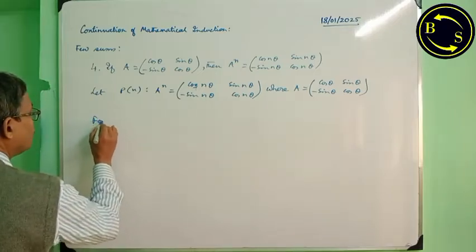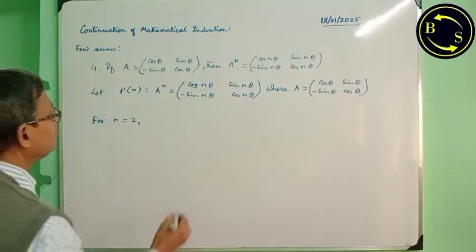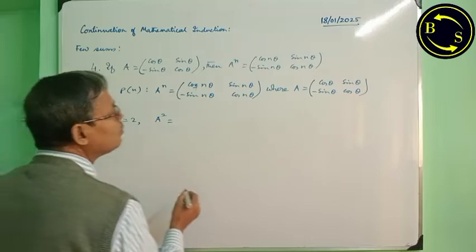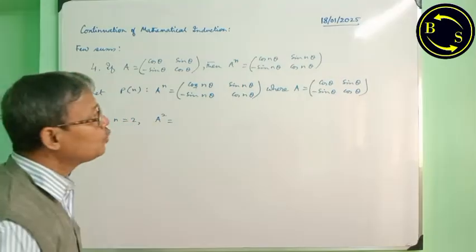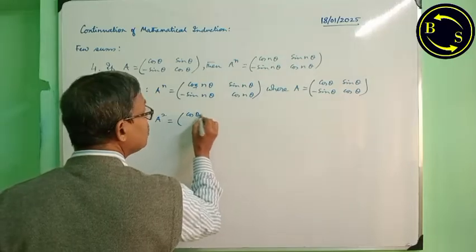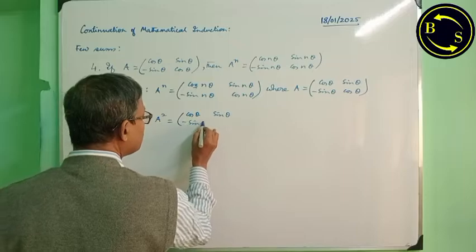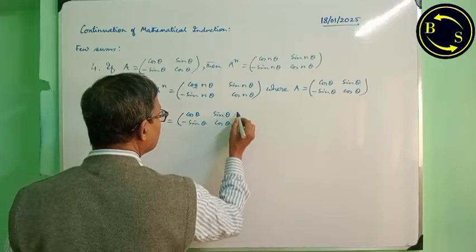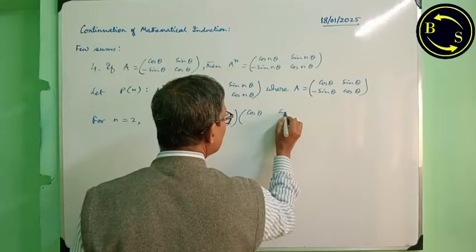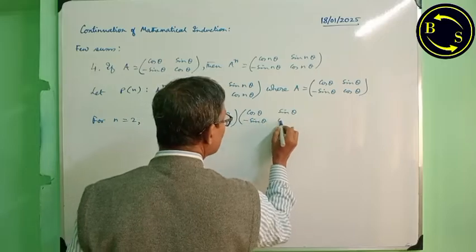For n equal to 2, A squared is equal to, we have to multiply two A's: cos theta, sin theta, minus sin theta, cos theta, into cos theta, sin theta, minus sin theta, cos theta.